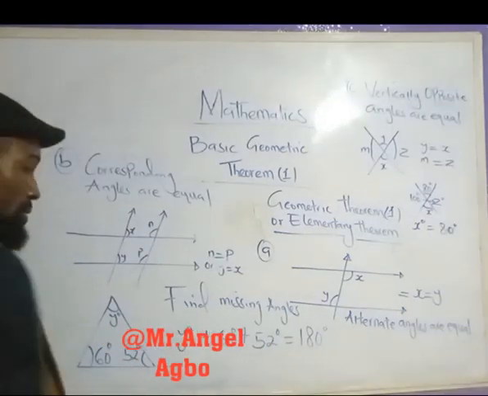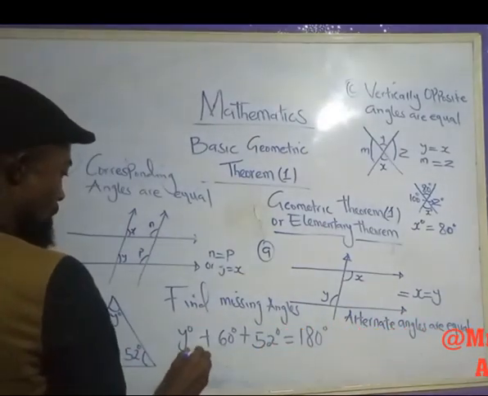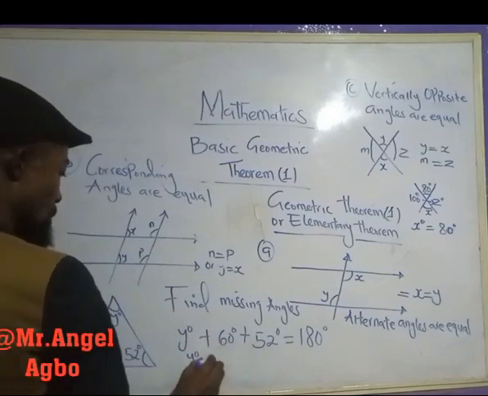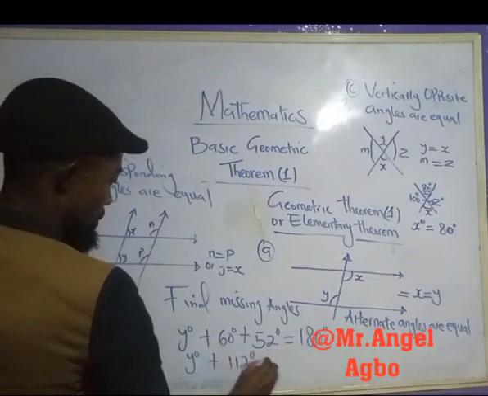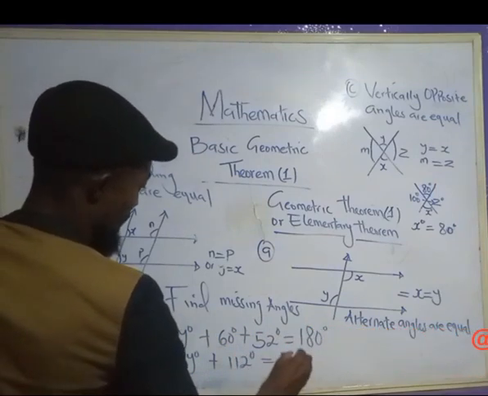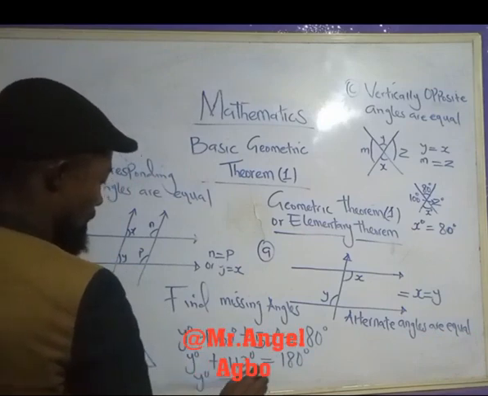Do you get that? Now, we have it again this way. 60 plus 52 will give us 112 degrees. Do you get that? Equals 180 degrees.